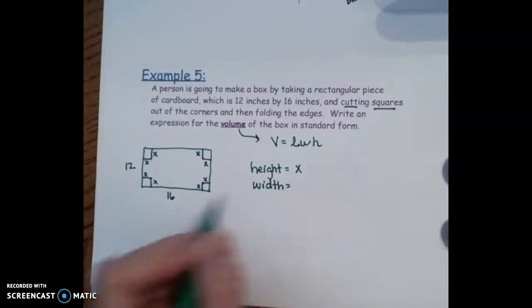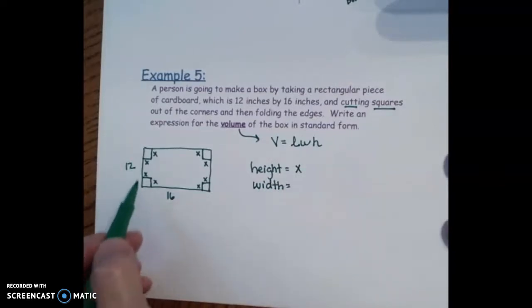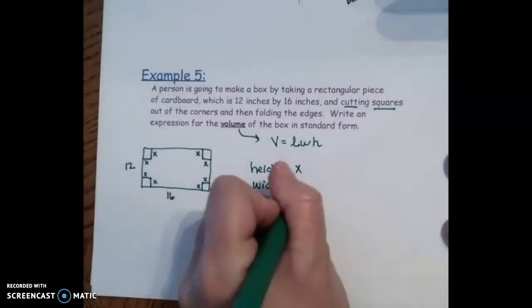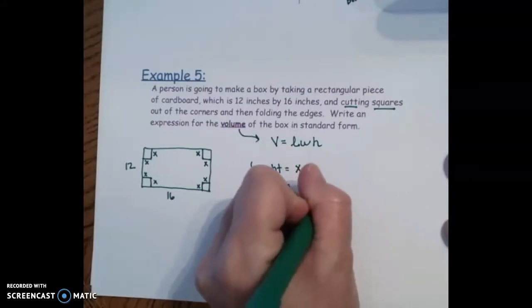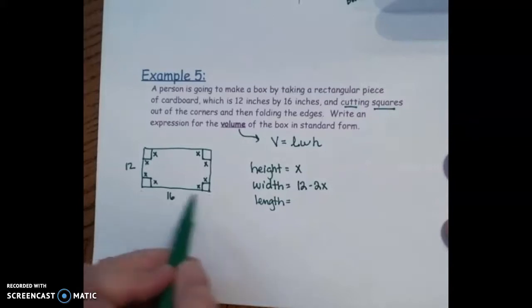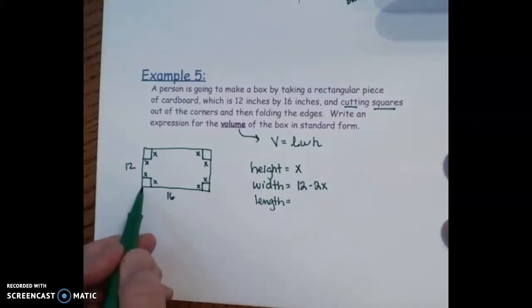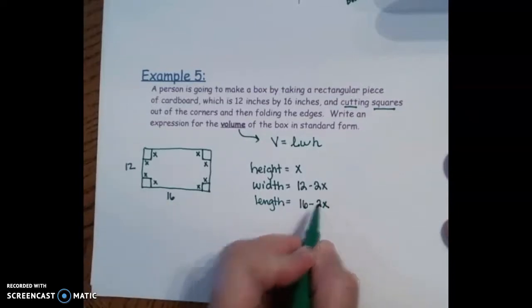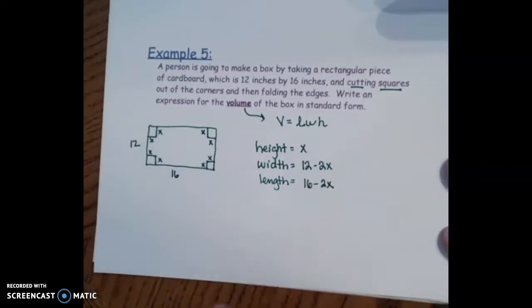Our original width was 12, but if I cut an x on this side and an x amount on this side, we've really taken away 2 x's. So 12 minus 2x. And our length was originally 16, but we cut in x inches here, x inches here, so we really took away 2x inches for the length.